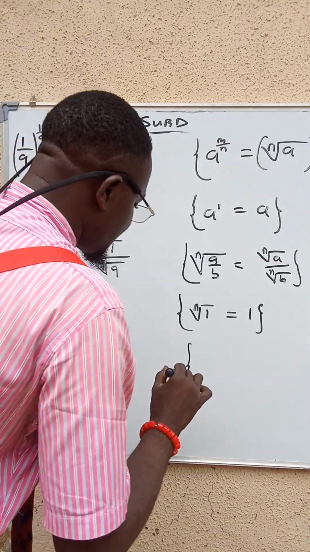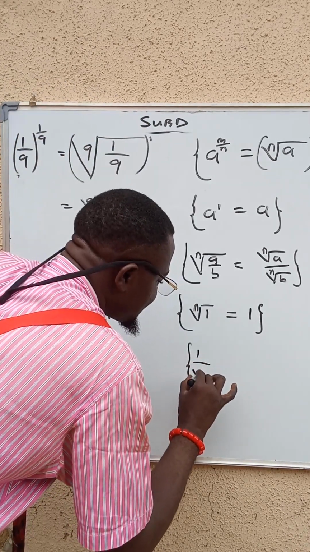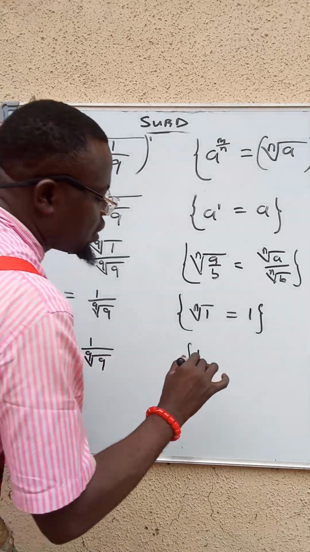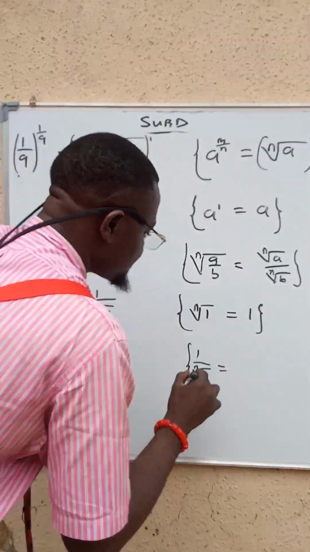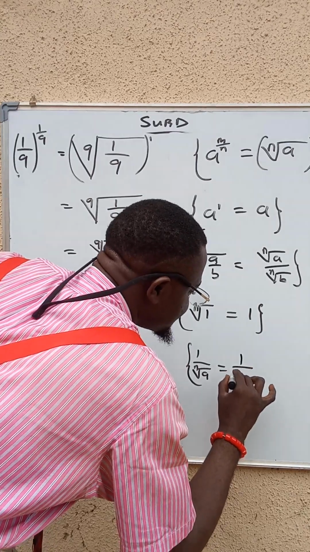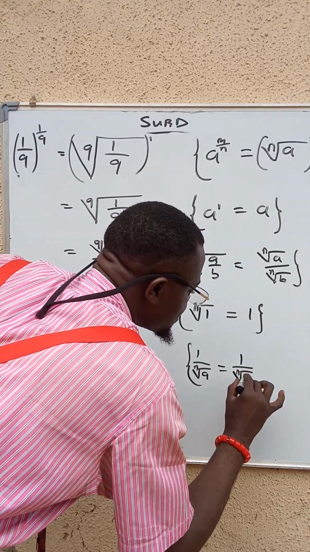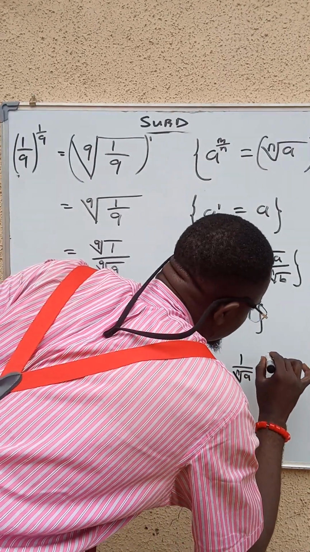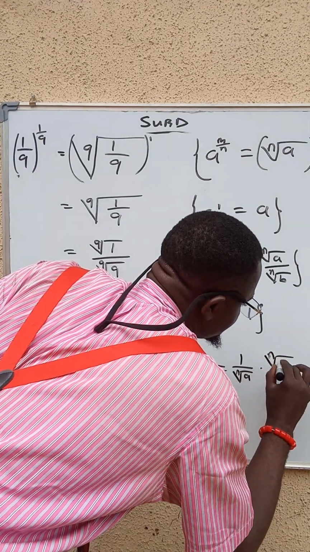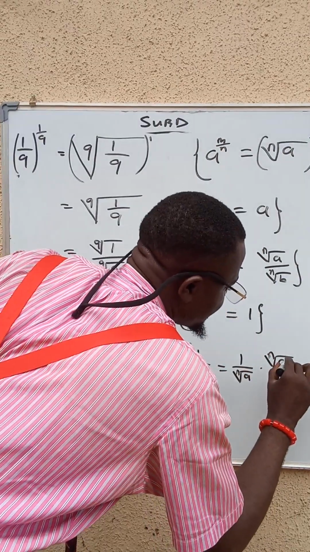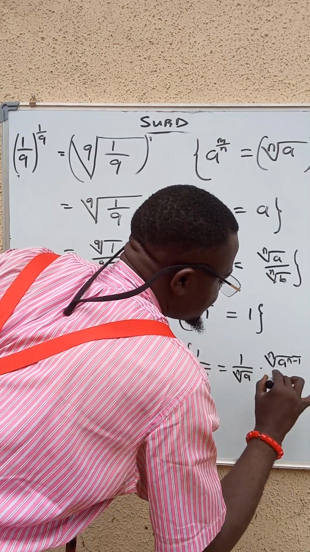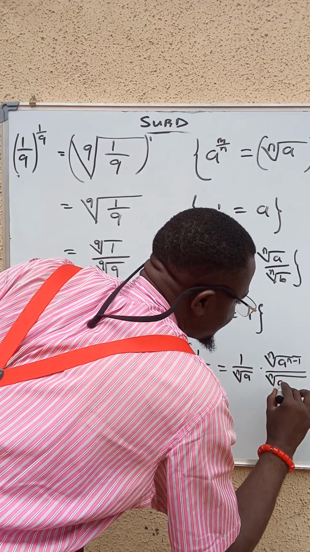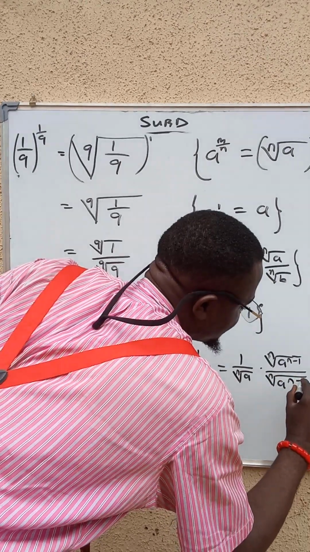Now let me tell you that 1 over the nth root of A will be equal to what? 1 over the nth root of A, times the nth root of A to the n minus 1 over the nth root of A to the n minus 1.